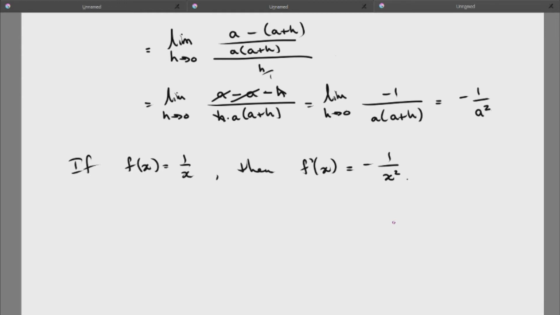Great. But I can rewrite these as powers of x. Oops, let me just write the function again. This is x to the negative 1. This one is negative x to the negative 2.